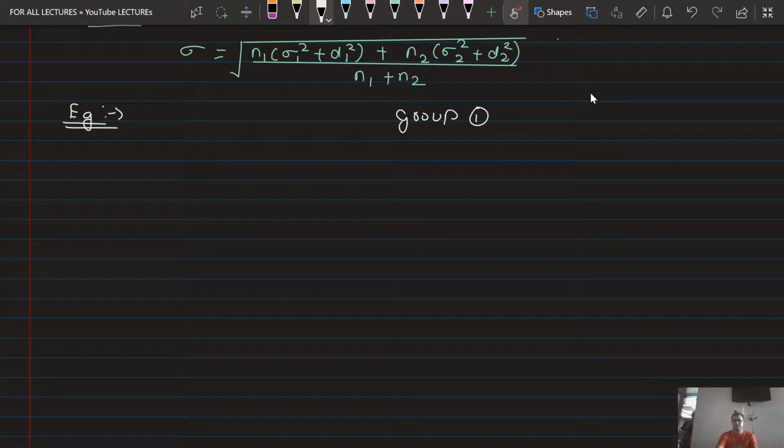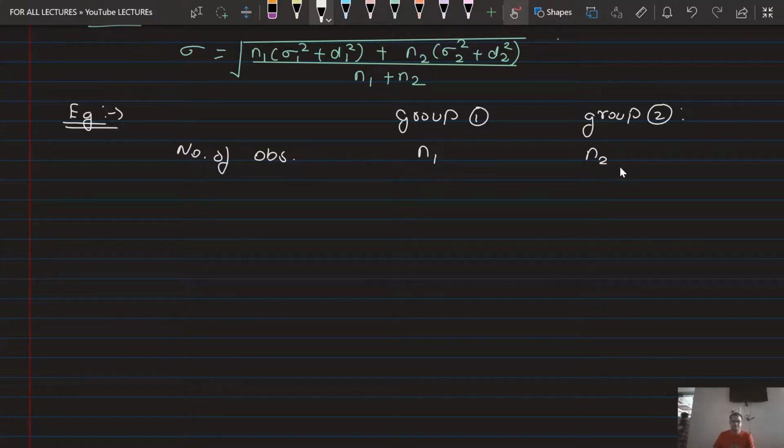Group 1 and the group 2. Number of observations are n1 and n2, which is suppose 25 and 45. I am taking an example with their arithmetic mean values.